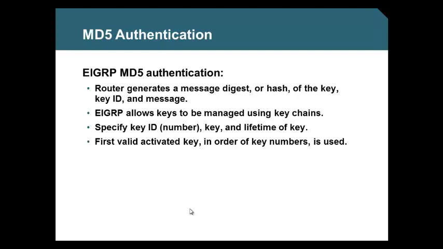Lifetime is an optional one. With lifetime, you can say this password I am giving is only for January, and that password is for February, and the third password is for March. You can have a different password and a different lifetime for each, so that when April comes, automatically the fourth password will get activated and the third password will get deactivated.